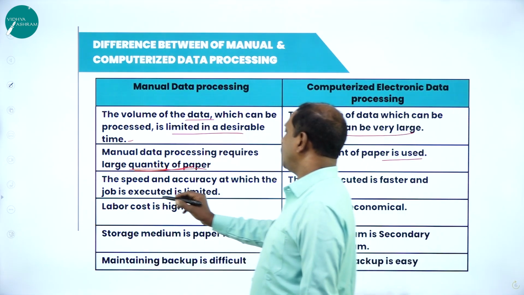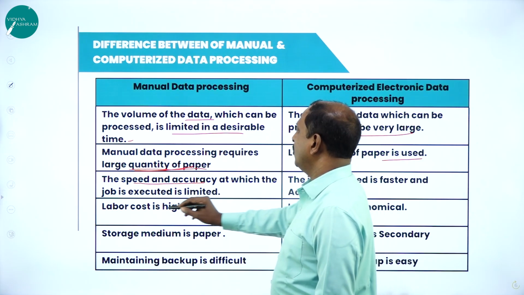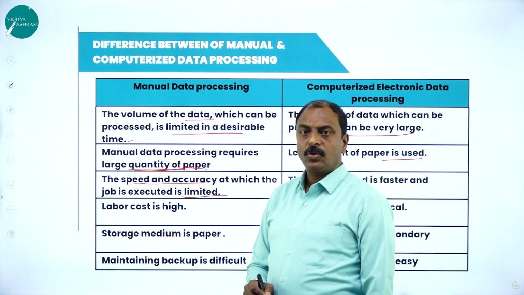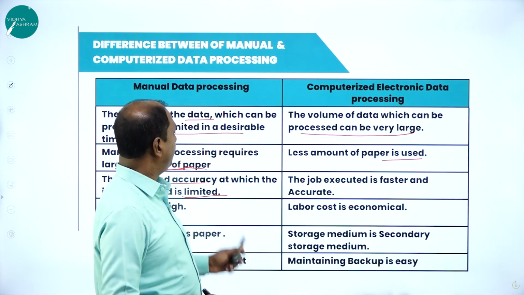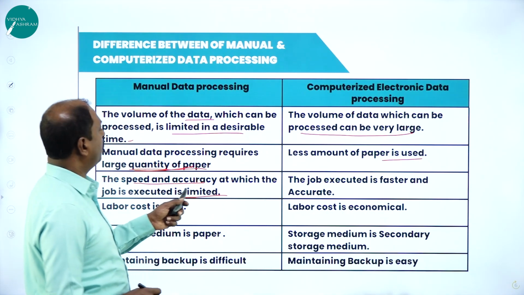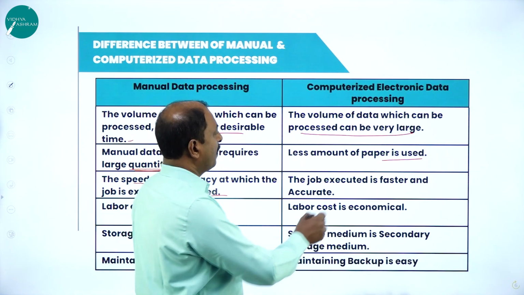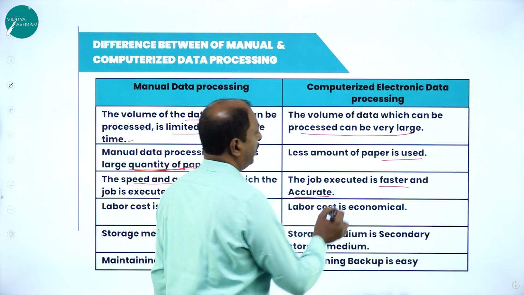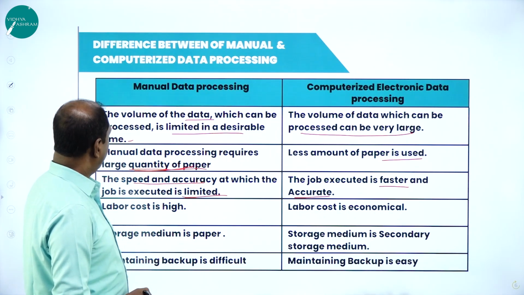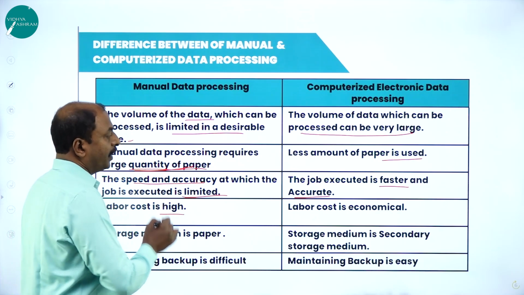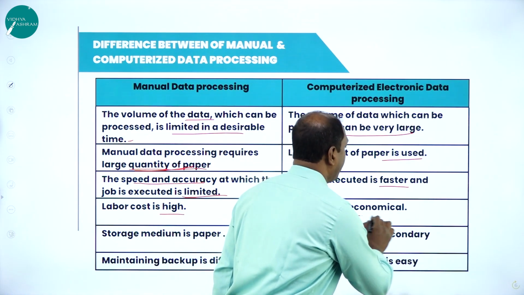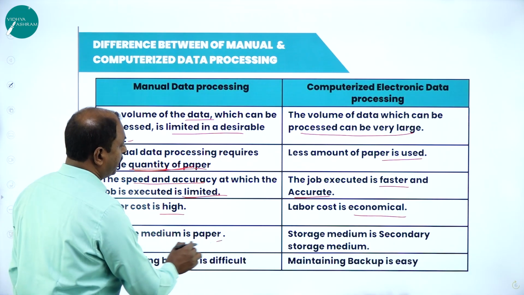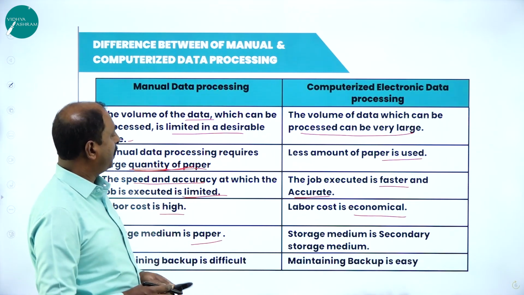Next one is speed and accuracy. The job is limited, because it depends on the human being. So the speed is limited and even the accuracy is limited. But here the job executed by a computer or a machine is faster and accurate. Next one, labor cost is high, and here labor cost is economical. Next one is storage medium. It is paper, as we have seen in the second point.